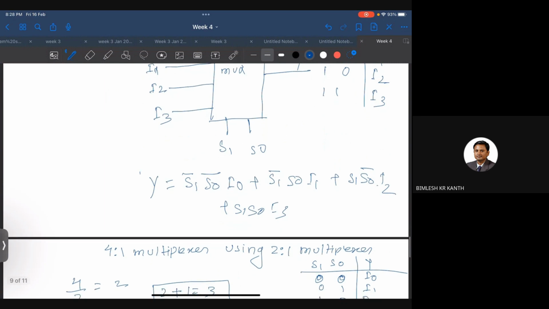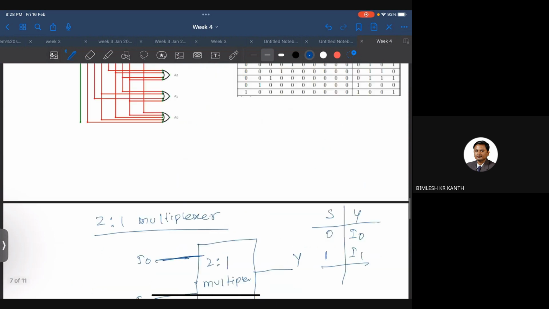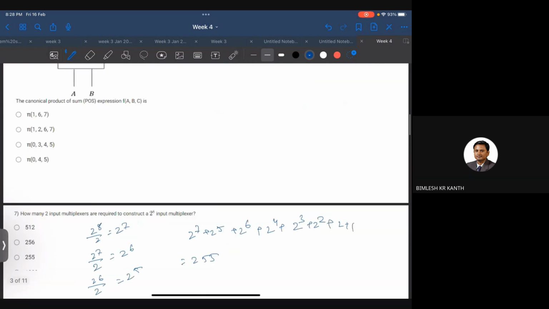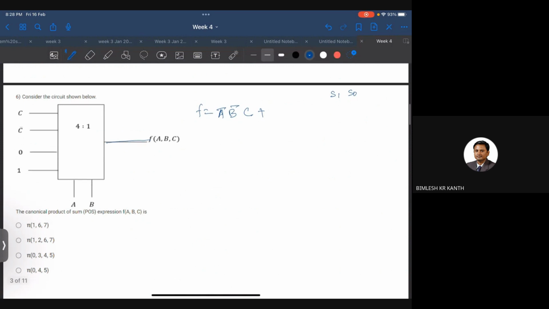So if you find the expression, S1 bar S0 bar I0, S1 bar S0 I1, S1 S0 bar I2, and S1 S0 I3, right? So here it will be A bar B bar C plus A bar B C bar plus A B bar 0, which means null, plus AB.